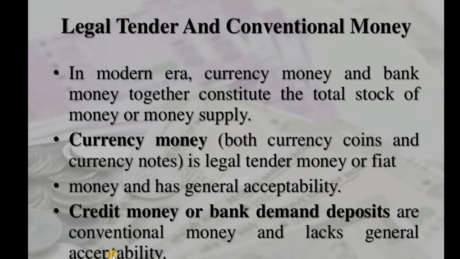Currency money means both currency coins and currency notes, which are legal money or fiat money. We are calling it fiat money. It has general acceptability. This question came in last year's exam: what is fiat money?